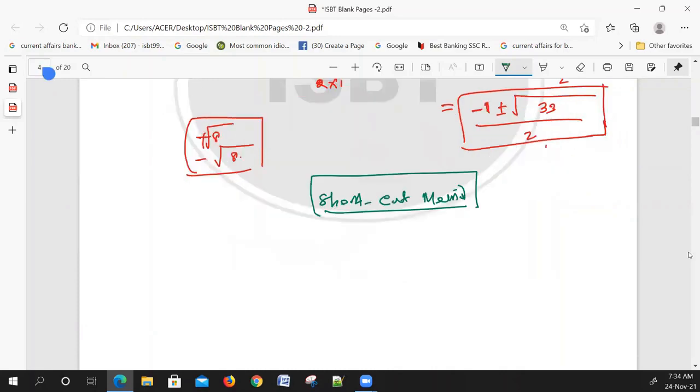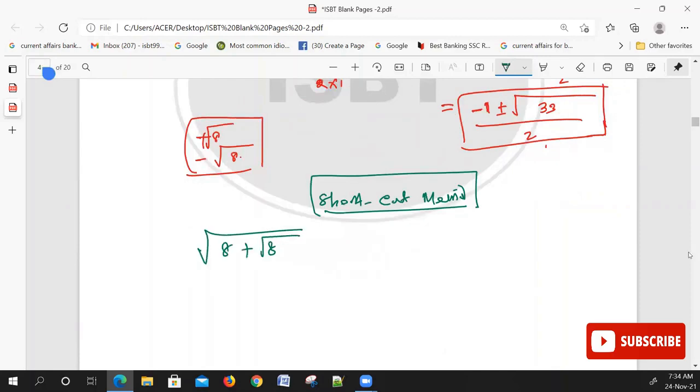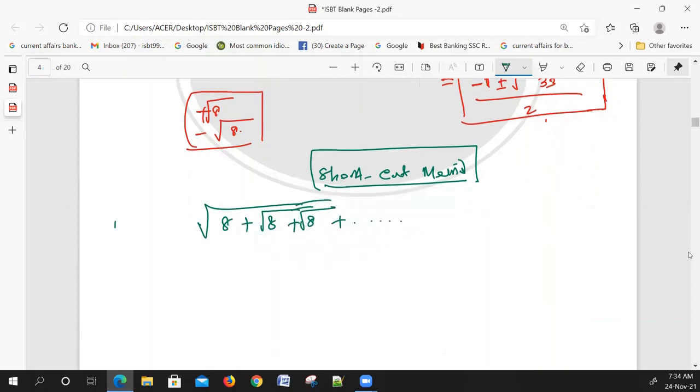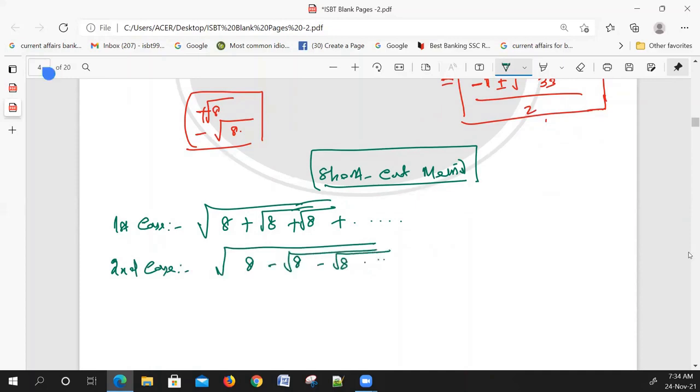If the sign is plus, suppose root 8, what was the first question? Root 8 plus root 8 like this up to infinity. In the first case, and the second case, just changing its sign, root 8 minus root 8 minus root 8 like this.